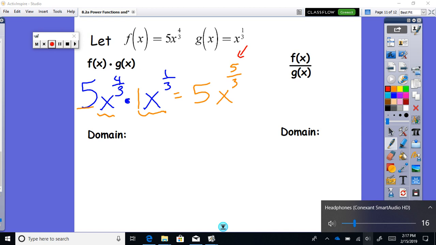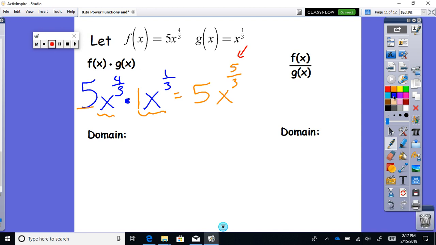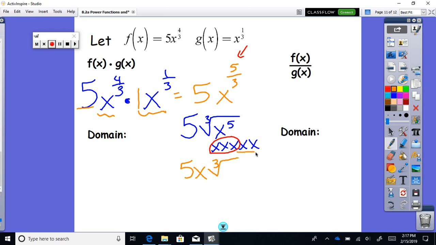I have an improper fraction, which means this can be simplified when it's in radical notation. This is 5 cubed root of x to the 5th. We have a cubed root, so I can take out 1 x. So this would really be 5x times the cubed root, and there are 2 x's left, so x squared. This would be the simplified expression for that one.